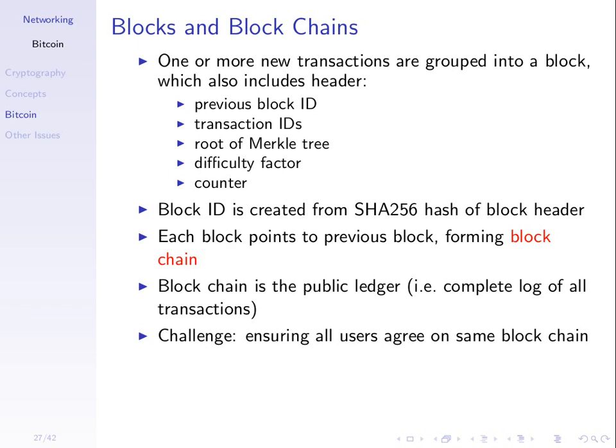So one or more transactions are grouped into a block. Usually it's more, usually hundreds of transactions are grouped into one block. So instead of a pure transaction log, we now have a block log. Instead of listing all transactions, we have a list of all blocks, and those blocks include the transactions.